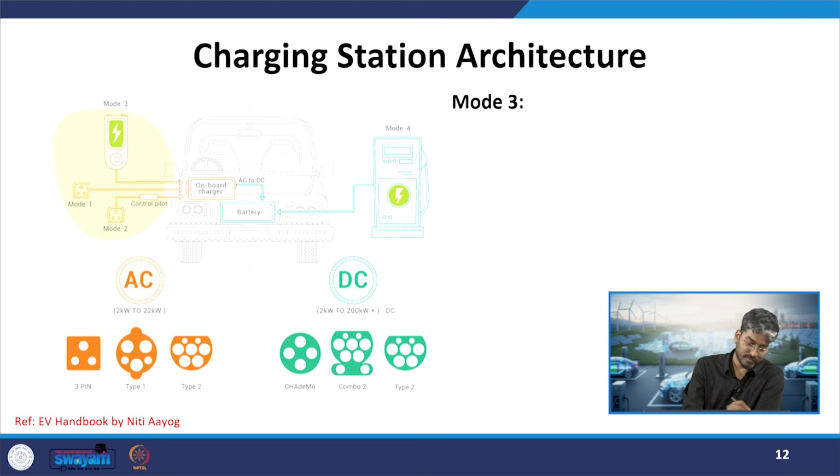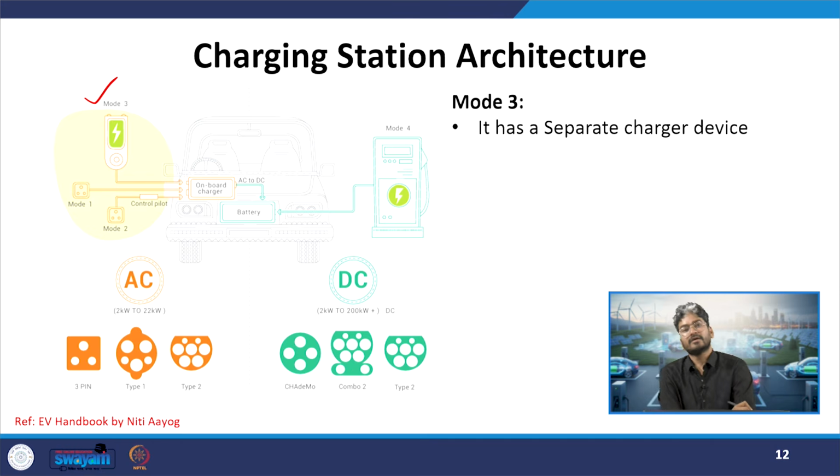Then mode 3. In this mode 3 we will have a dedicated charger which will be taking the AC as input. It may be household AC, or it can be a 3-phase supply which is available in the apartments. It has a separate charger for every vehicle.